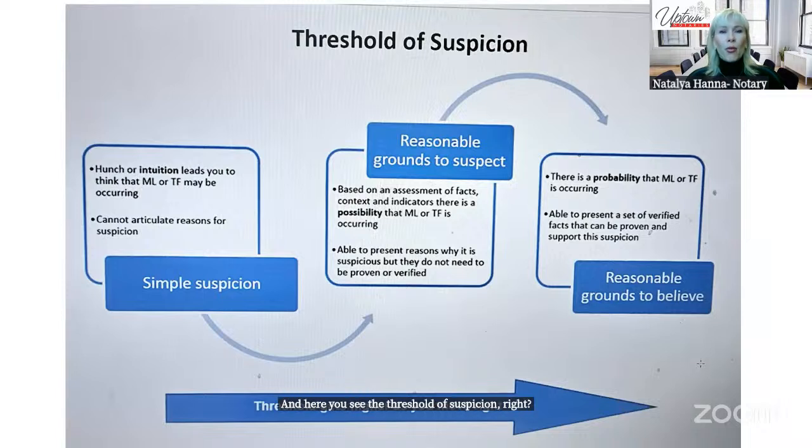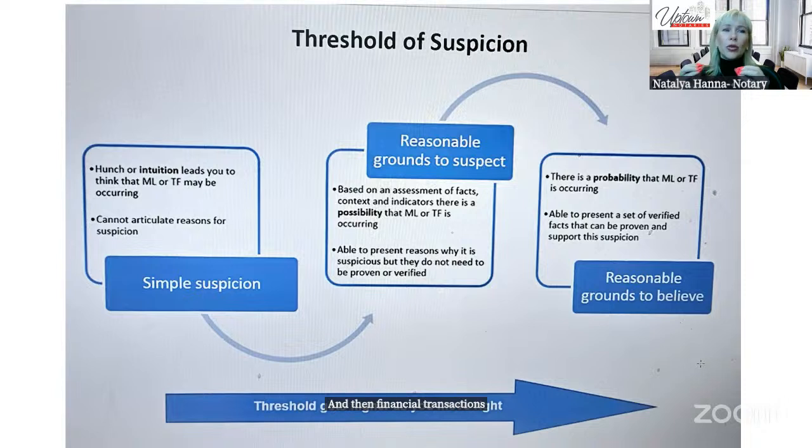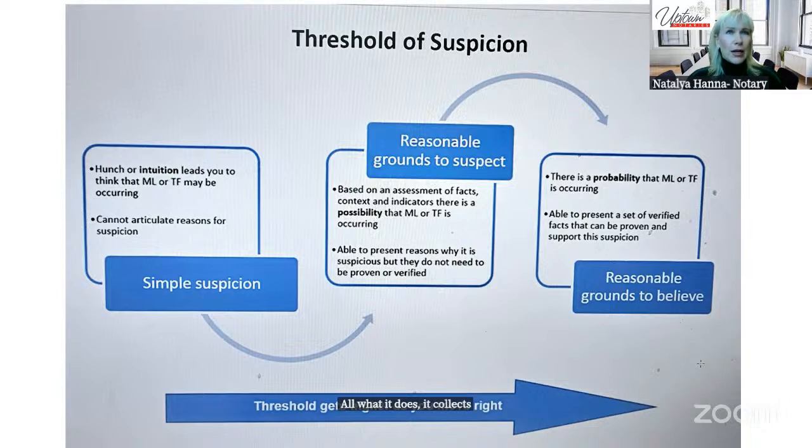So the more facts you have, the higher the probability, and remember, you don't need to prove anything here. Your obligation is to report. If you look at the name already, Financial Transactions and Reports Analysis Centre, all it does is collect information and analyze it, right?